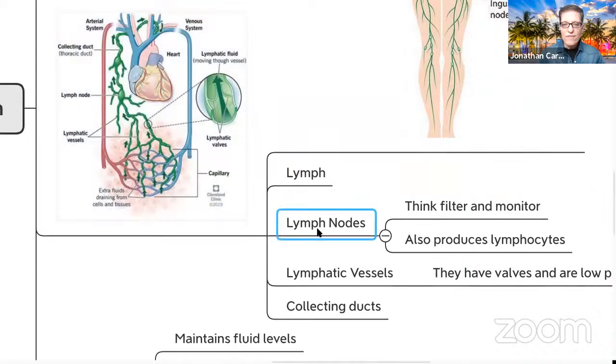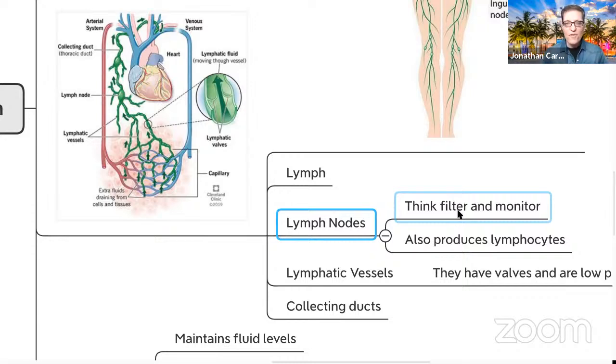We should think of lymph nodes as a filter and monitor system. They take the lymph, the fluid that was bathing the body outside of the vessels, and they also produce lymphocytes, white blood cells. So if it's filtering and monitoring, it might find something like an infection.